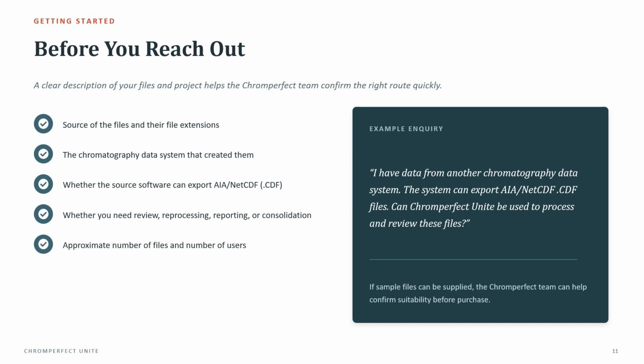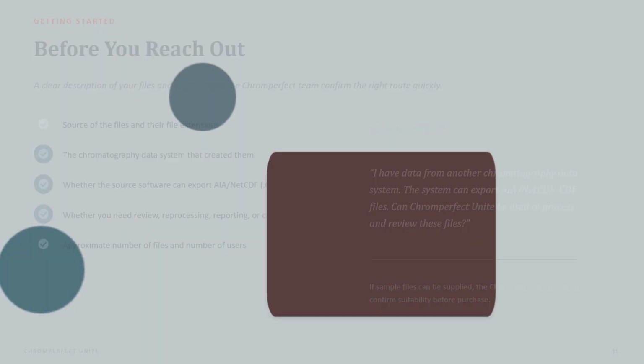A clear enquiry, like describing your existing Chromperfect files alongside ChemStation .ch files and asking whether they can be reviewed together, helps the team confirm the right route quickly, and, if you can supply sample files, even better.